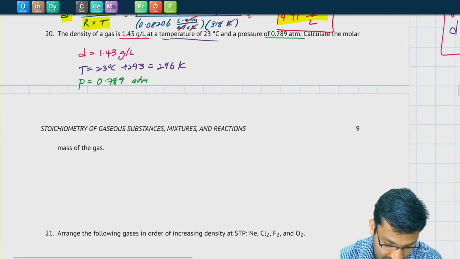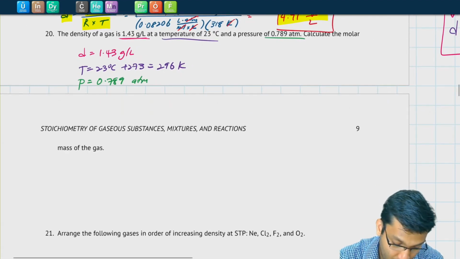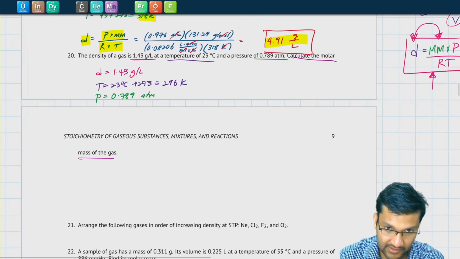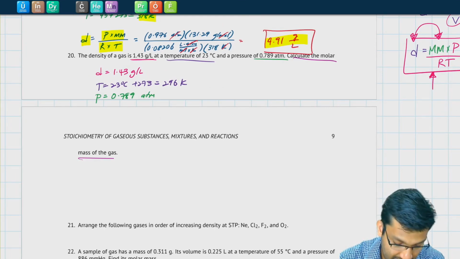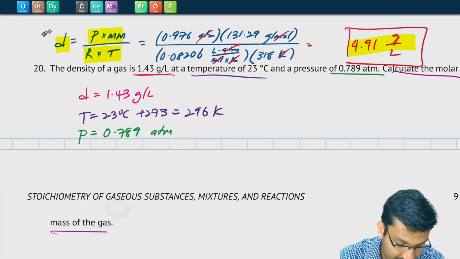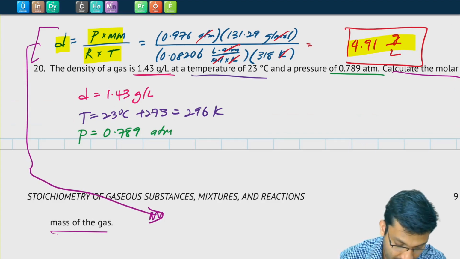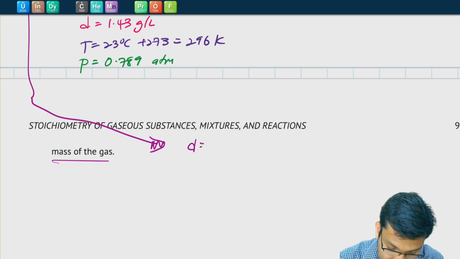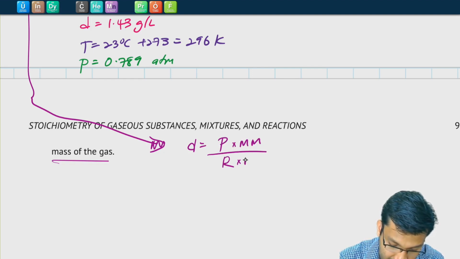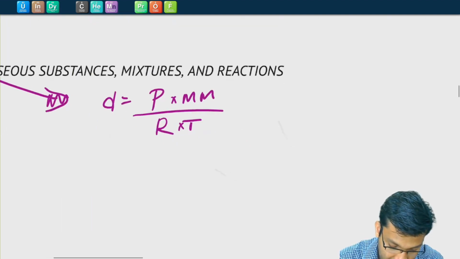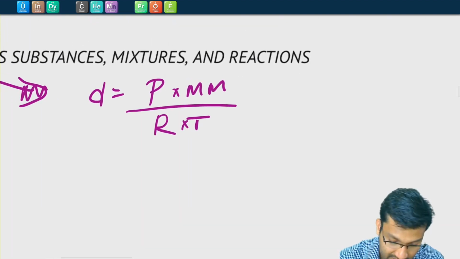In this question, they're asking us to calculate the molar mass of this gas, right? So here they give us the density, a temperature and pressure, and they want to calculate the molar mass. So I'm going to take this equation and just resolve it for the molar mass instead of the density. So density is equal to pressure times molar mass divided by R times T. I'm solving for molar mass, so I just put things on the other side, right?